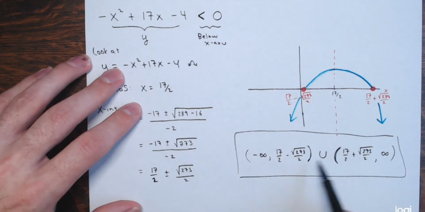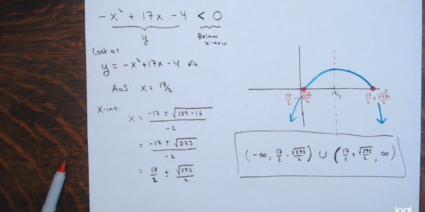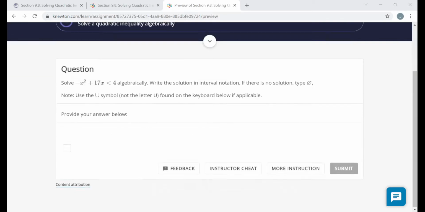I know it's a little funky with the square roots and everything, but still the interval will be entered like this.